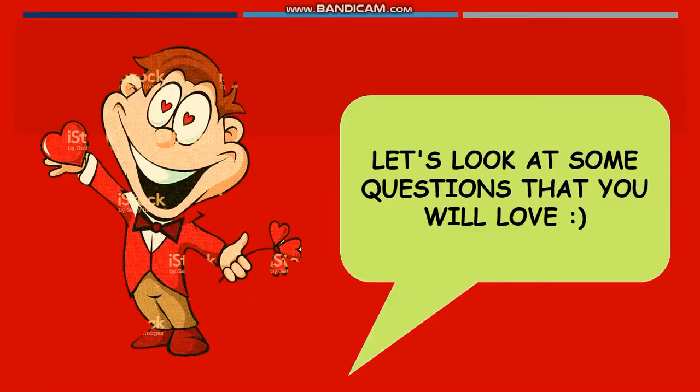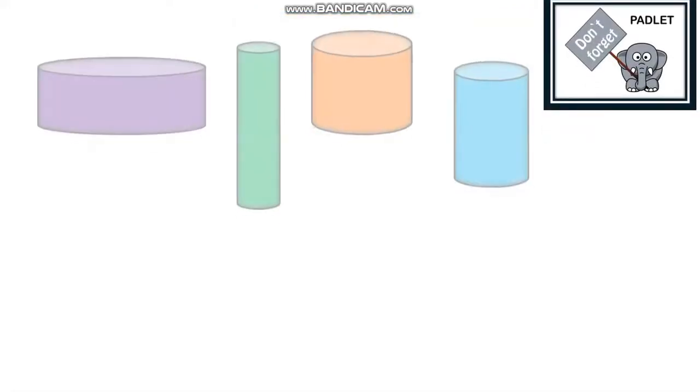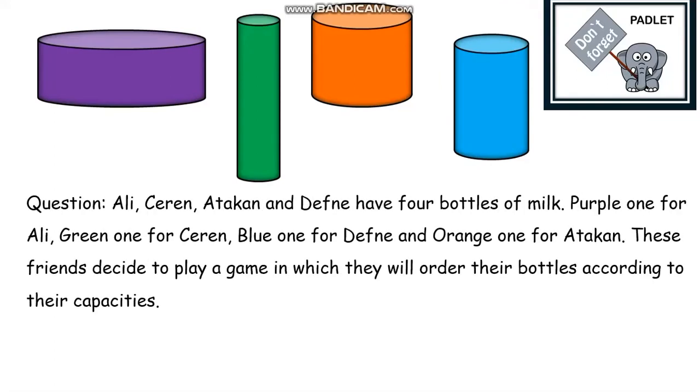Let's look at some questions that you will love. Before continuing with our question, I will warn you, do not forget to write your comments with the reasons on Padlet. The link for Padlet is here. In our question, it says Ali, Ceren, Atakan and Defne have 4 bottles of milk.